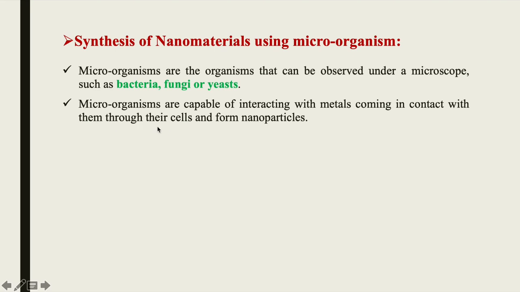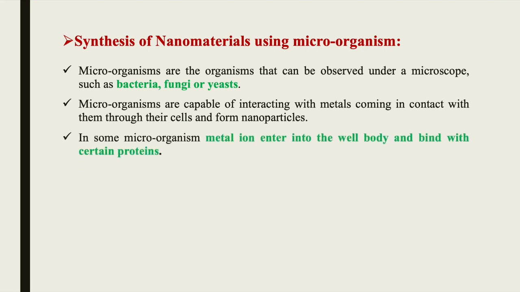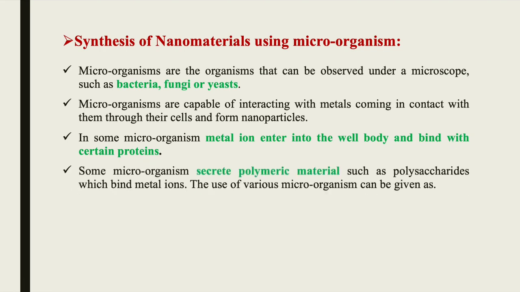They take the metal ions inside the cells, and that's how they form the nanoparticles. In some microorganisms, metal ions enter into the cell, into the cell body, and bind with certain proteins. Some microorganisms secrete a polymeric material such as polysaccharides which binds metal ions.